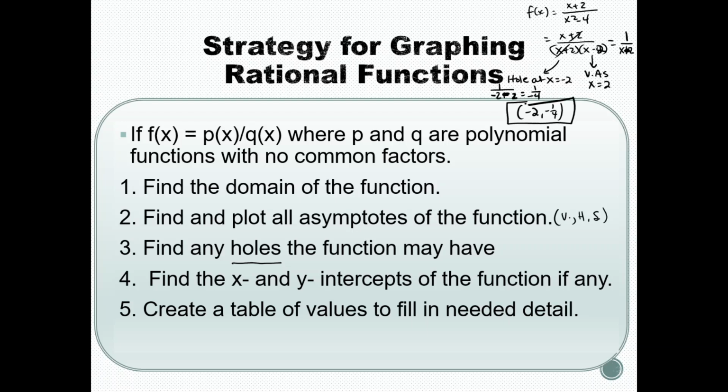Now, if you graph these on your graphing calculator, you're not going to see the hole. You're going to have to inspect a little bit, and you're going to have to trust the fact that you know there is a hole there. Okay, so the only time holes happen is when we get a factor that reduces out. Okay, and then the reduced function will tell you where the hole is.